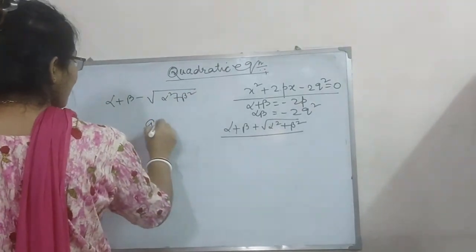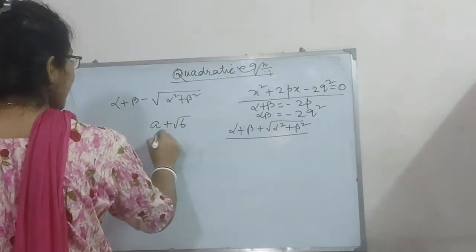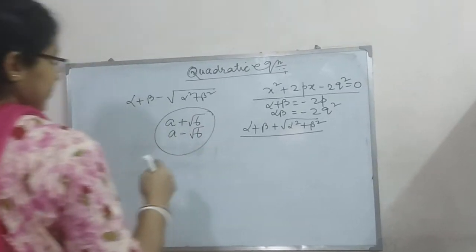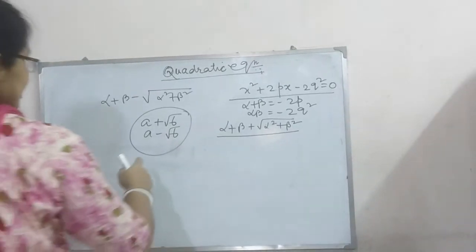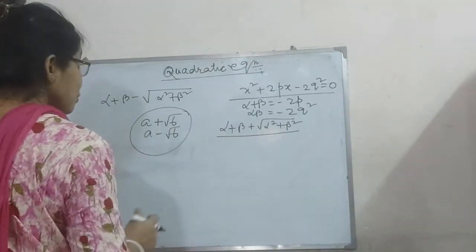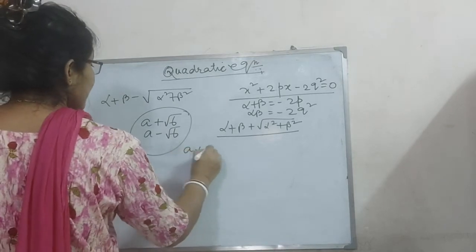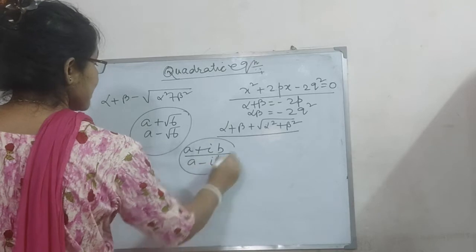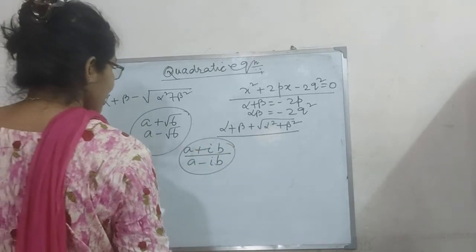This is for surds, and it is also true for complex numbers: when one root is a plus ib, another root is a minus ib. We know it.